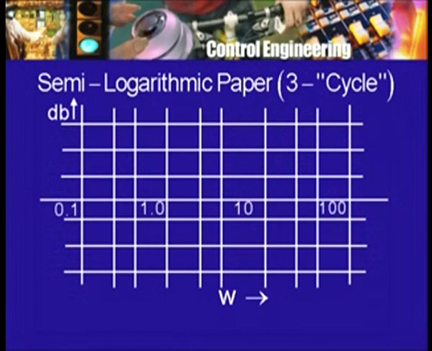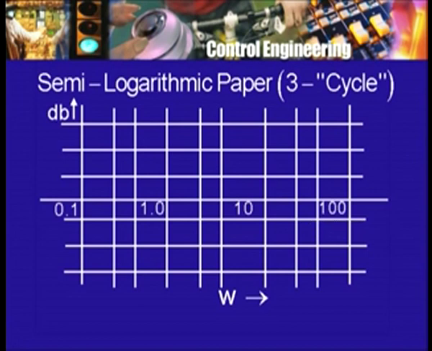So there are 3 decades. There is a change in frequency by a factor of 10 raised to 3, 10 times 10 times 10. And therefore, on the graph paper, I will have 3 cycles. So if I just show that for the moment without showing all the details, here is say 0.1, here is 1, here is 10, and here is 100.